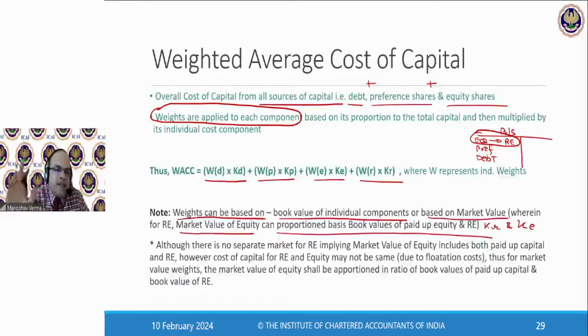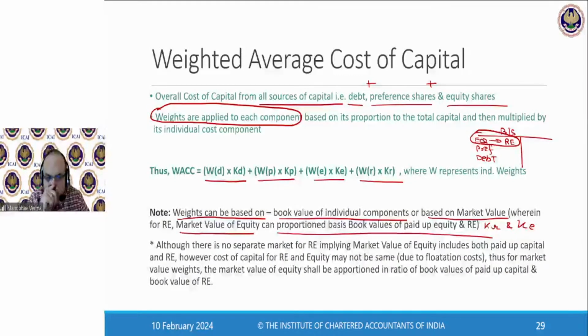The reason is very simple: there is no separate market for retained earnings. Equity is not only the original face value or share capital, but it also includes the growth in the form of reinvested earnings. So the book value of equity includes retained earnings as well.